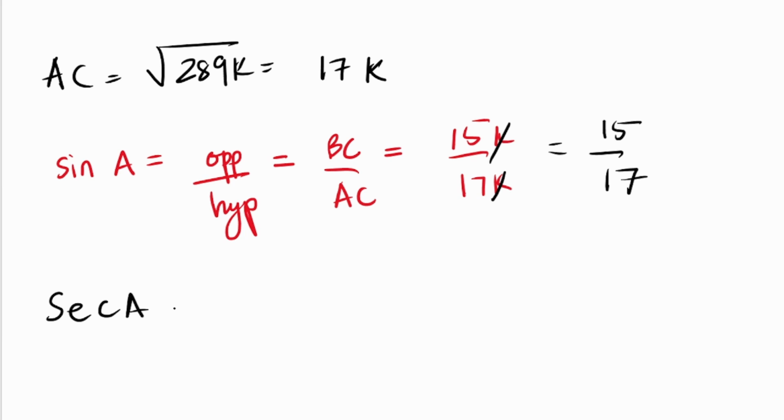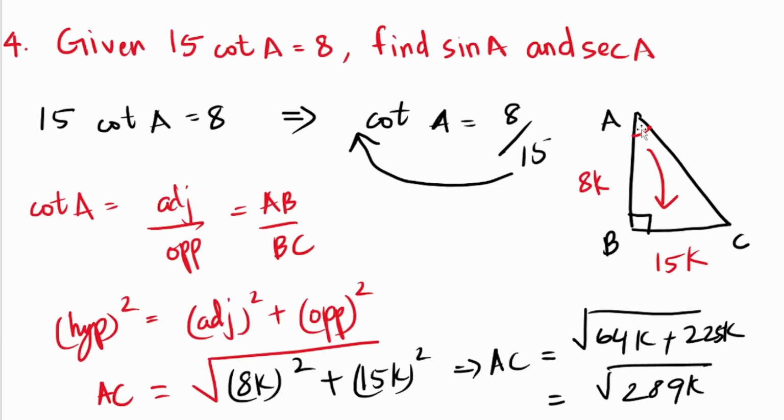Sec A. What is sec A? Sec A is nothing but hypotenuse by adjacent side. Hypotenuse is AC, and with respect to A, the adjacent side is AB, so it's 8k.